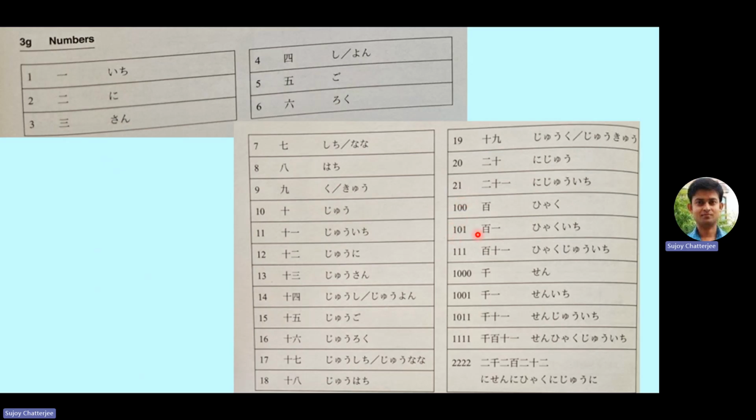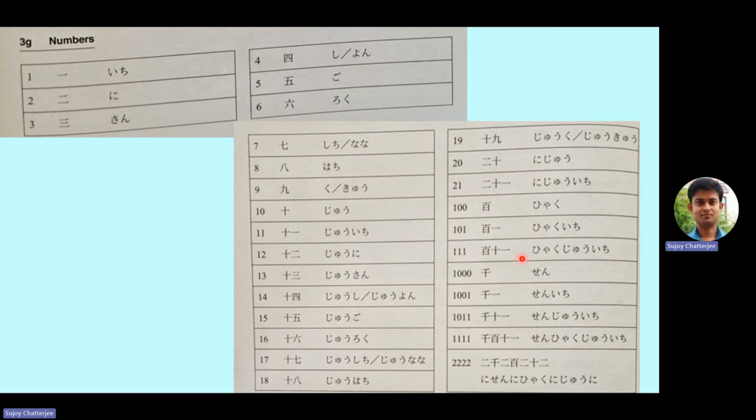So 101 will become hyaku ichi, hyaku ni, hyaku sang, hyaku yong, hyaku go, hyaku roku, hyaku nana, hyaku hachi, hyaku kyu, and then 110 will be what? Hyaku ju. 111 will be hyaku ju ichi. So again three symbols here. Hyaku ju ni for 112.